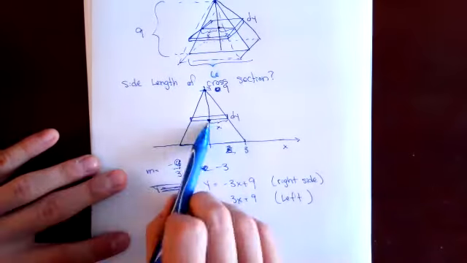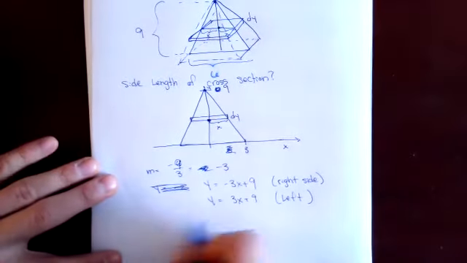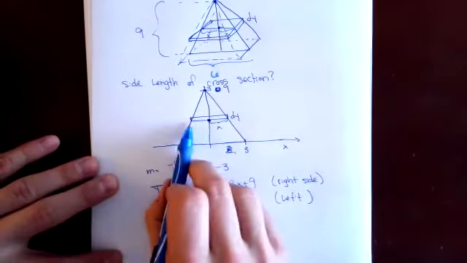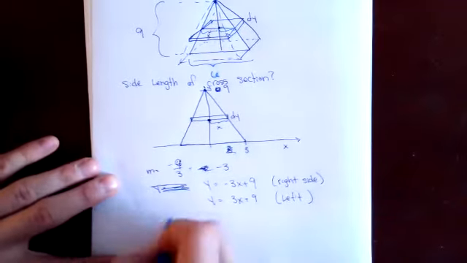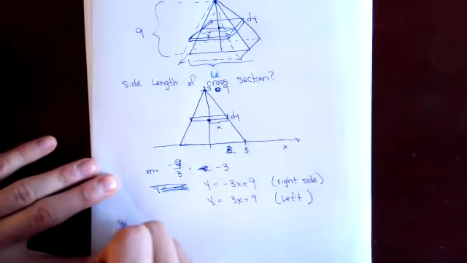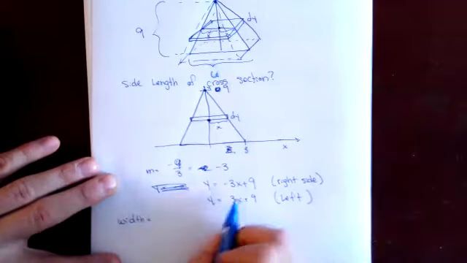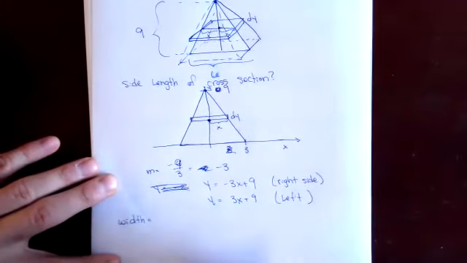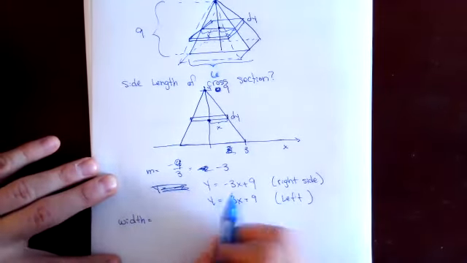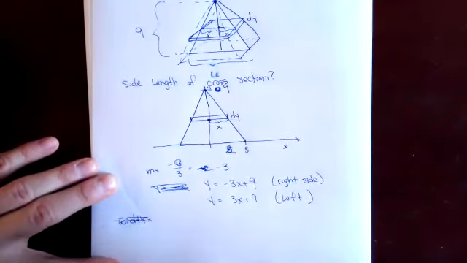Okay, so, well, what is the width? If the width of each box, of each cross section is 2x, or you could model it as the distance between these two curves. Kind of need to organize my work a little bit.